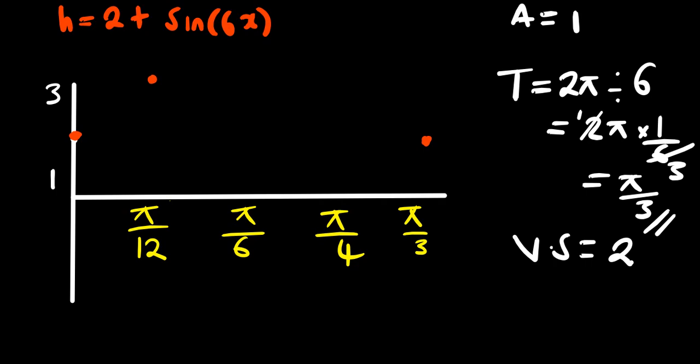So it's going to go there. So between 3 and 1, you know that this is a 2. Okay, so what are we now going to have? Pi over 12. Then we've got pi over 4.